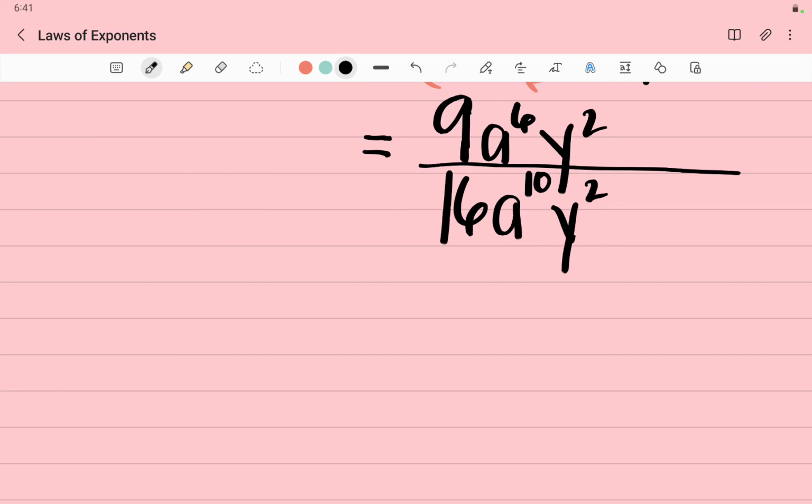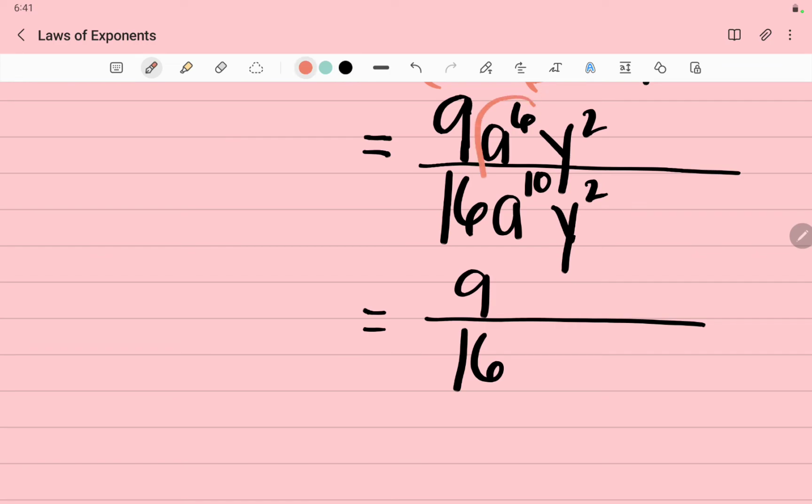No. So, just let it be, 9 over 16. How about a raised to 6 divided by a raised to 10?